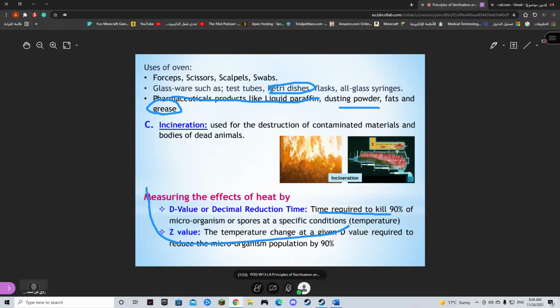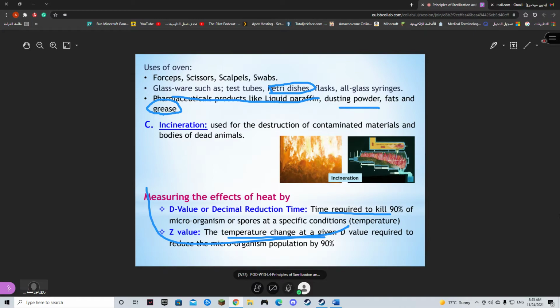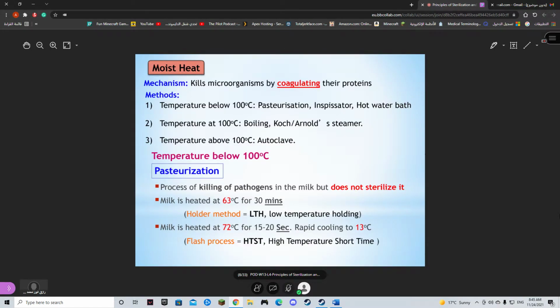It depends on the temperature change, how much the temperature changes. For example, what we did here, 10 degrees. The temperature change over there we call the Z value. It's very important for any method of sterilization, even for disinfection.